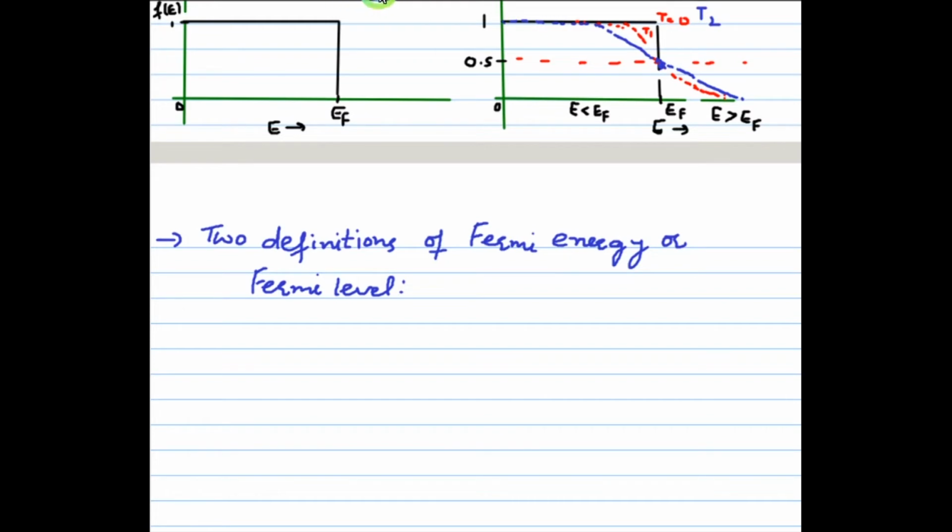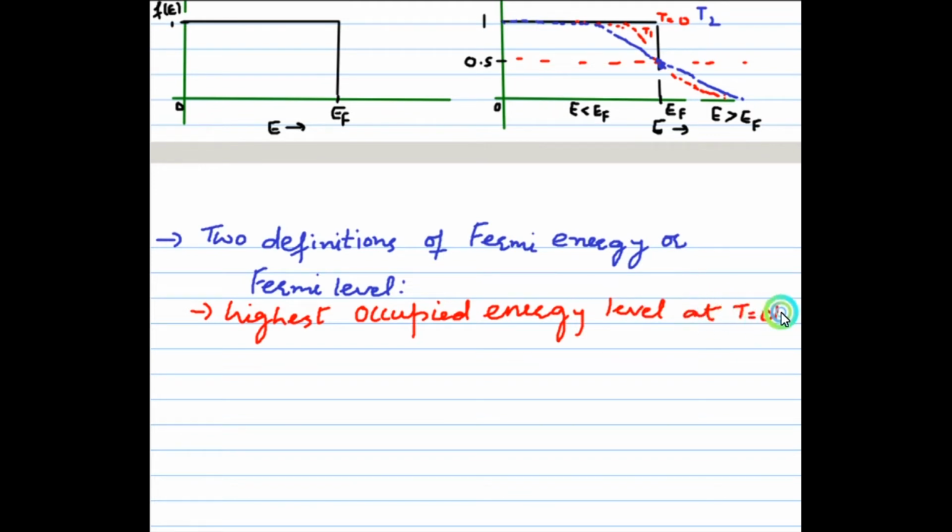Fermi level is defined as the highest occupied energy level at T equals to 0.